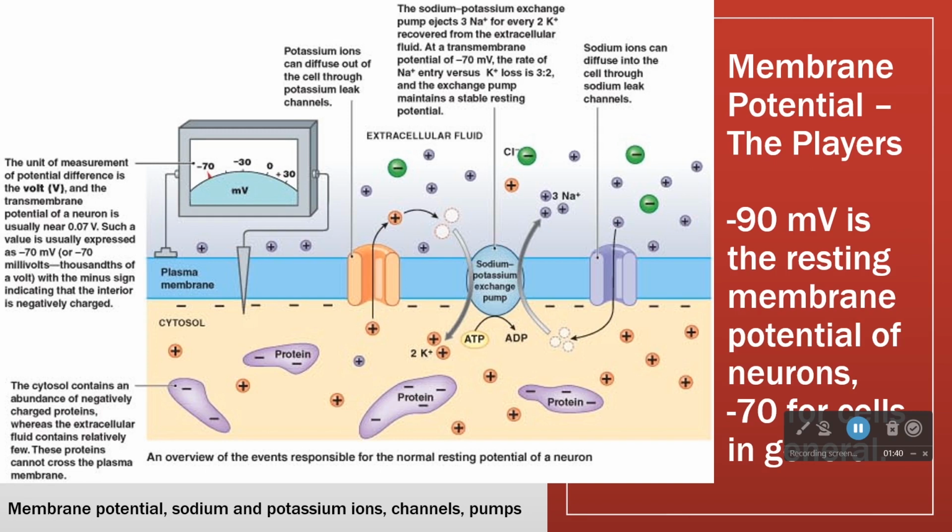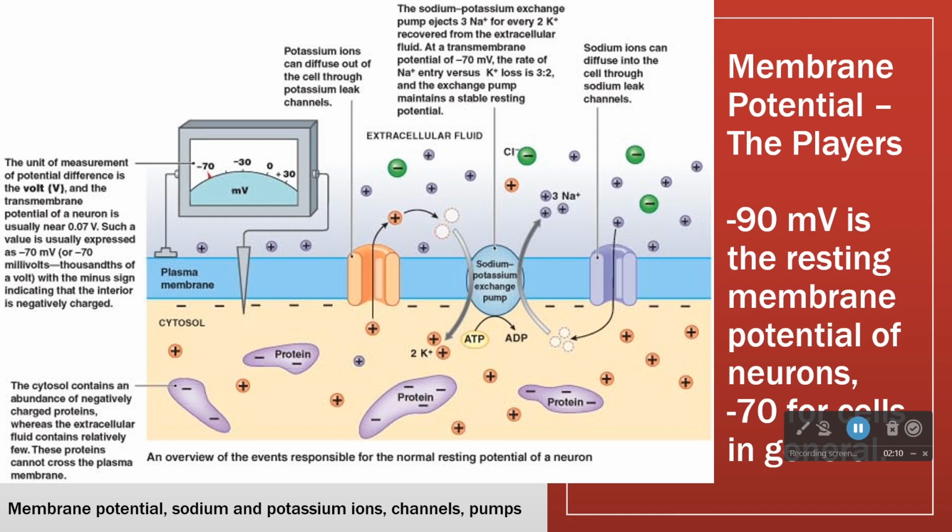If you were to measure the membrane potential of an epithelial skin cell, it's about minus 70. Many of the cells that we talk about, like neurons, are going to have a lower resting membrane potential than that, so like minus 90. And skeletal muscle cells, depending on their degree of excitement, can have a membrane potential as high as minus 50 or as low as minus 80.